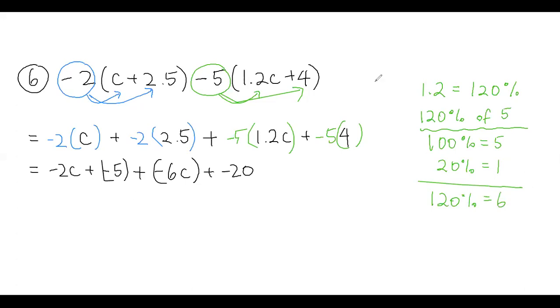Okay, so now we're going to circle our like terms. Like terms, here and here, C's and C's. Then we have like terms, constants and constants.